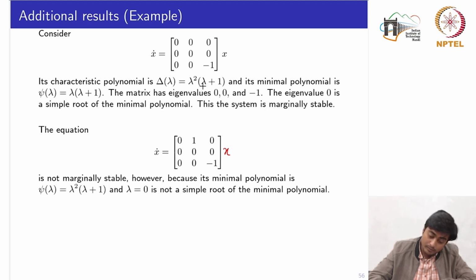But the minimal polynomial of this system is also equal to this one, because there does not exist any other polynomial of lesser degree than 3. And again, if I compute the roots of this characteristic polynomial, we already know that there are two roots available at 0, which are not simple roots. So this system is an unstable system, and the previous system is a marginally stable system. Okay.